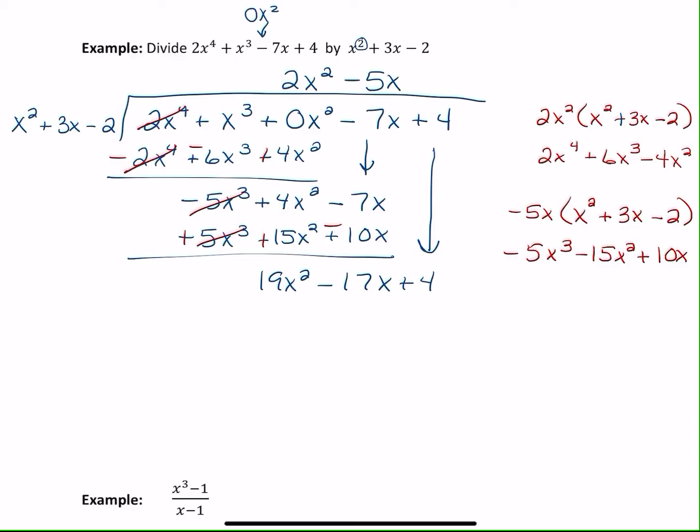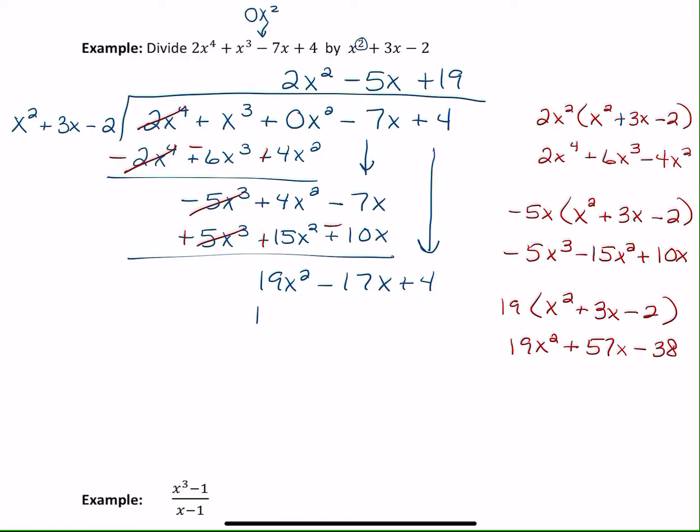So again, what do I multiply x squared by to get 19x squared? That's going to be a positive 19. So I've got 19 times x squared plus 3x minus 2. So that'll give me 19x squared plus 57x minus 38.